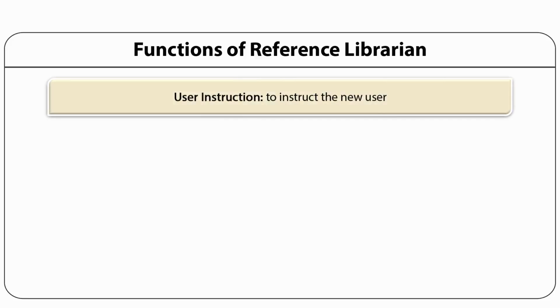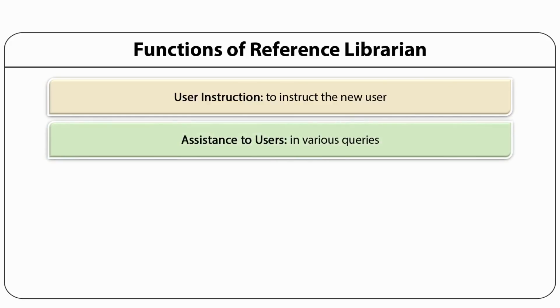User instruction is one of the primary functions of the reference librarian, whereby he generally instructs the new user as to how to make use of the library sources and services.